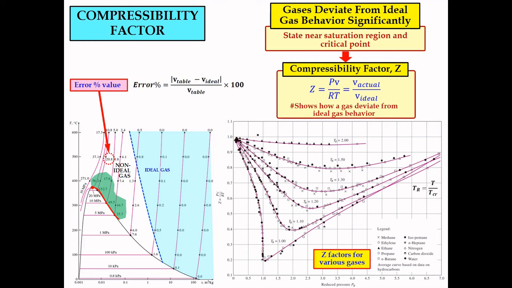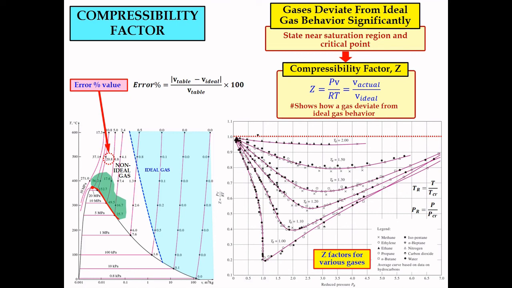TR, the reduced temperature, equals the given temperature divided by the critical temperature. Each individual gas has a different critical temperature, and PR stands for reduced pressure, which equals the given pressure divided by the critical pressure. Same as the critical temperature, each gas has its own critical pressure.